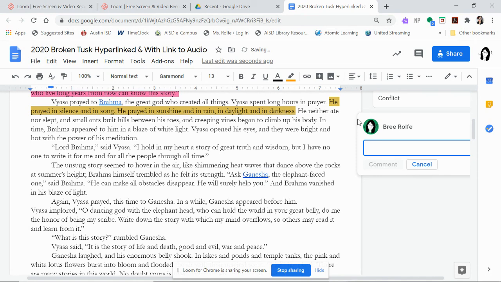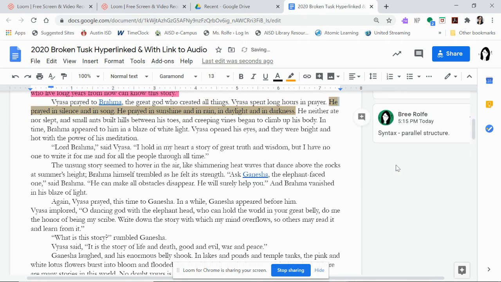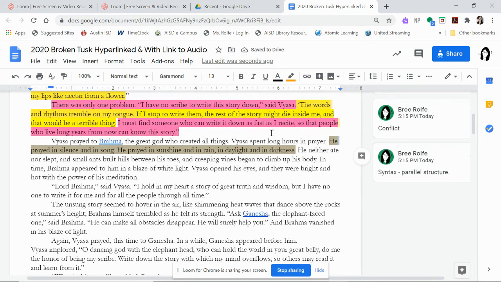Because this is an example of syntax, a parallel structure. I'm just pointing it out because it's something that authors do, and it creates a rhythm in the story that I think is important. I think that rhythm and parallelism is important to the rhythm of these two people writing the story together, and it's a cool thing that the author does.